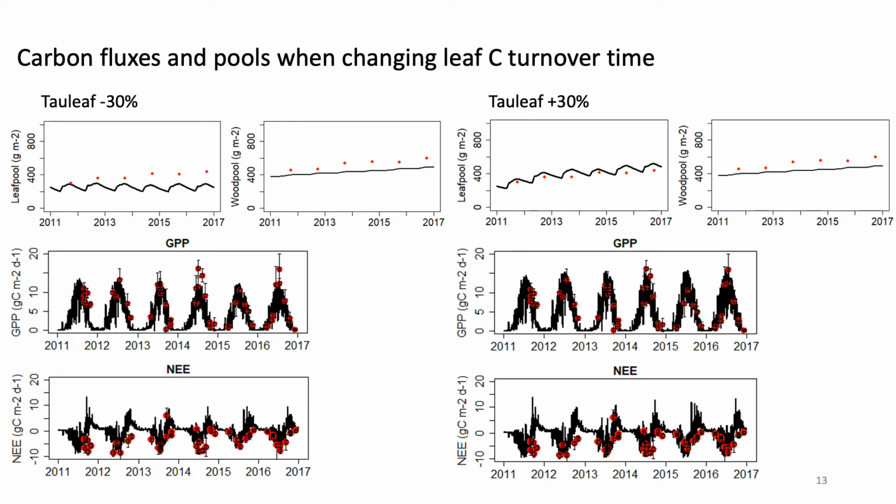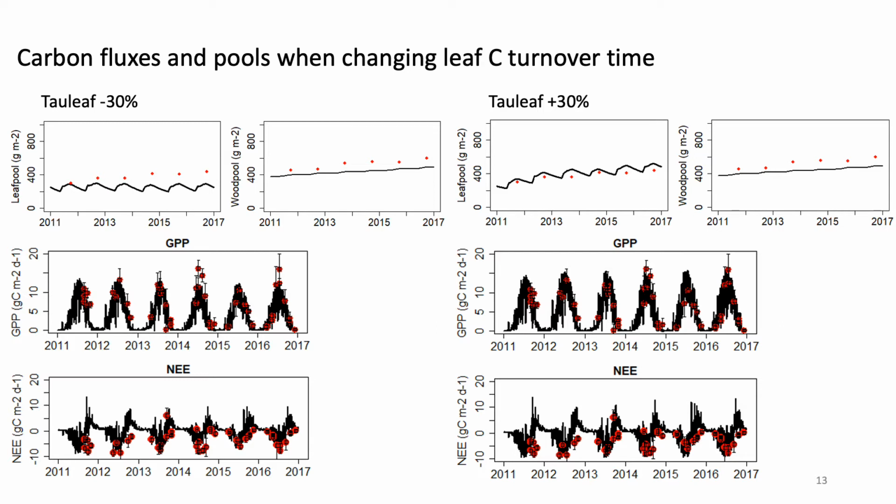And then when we tune the parameter value, the turnover time of leaf pool, we can see, although there's no big changes in the GPP flux or the NEE flux, we can see the steady state of the leaf pool have changed dramatically.